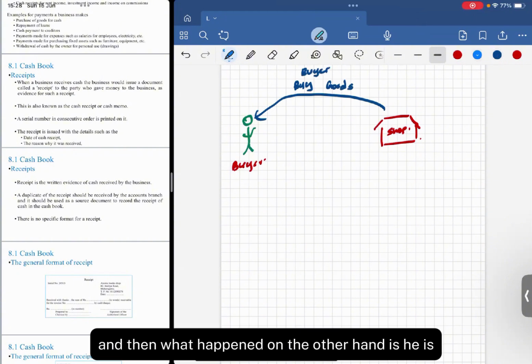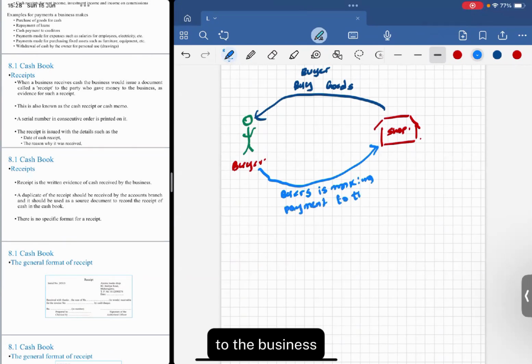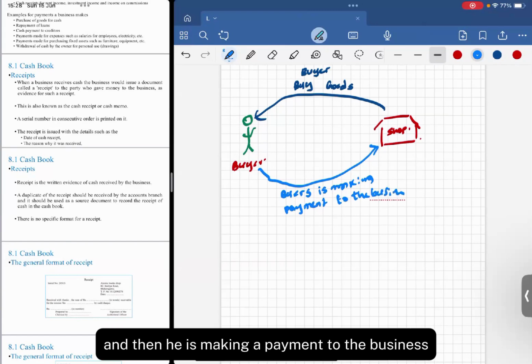And then what happens on the other hand is the buyer is making a payment to the business. So the buyer is buying goods from the shop, and then he is making a payment to the business.